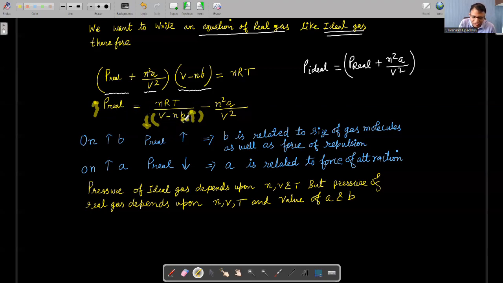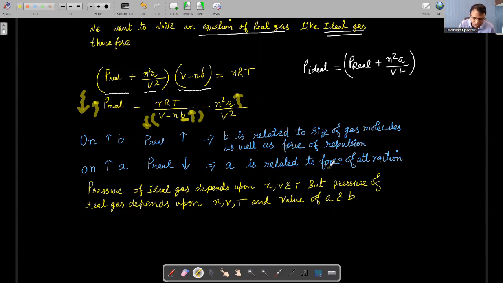On increasing the value of b, force of repulsion will increase and pressure of the real gas will be more. While on increasing the value of a, the pressure of the real gas is going to decrease. So these are about a and b. b is related to size as well as force of repulsion.